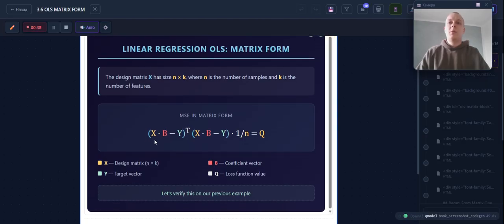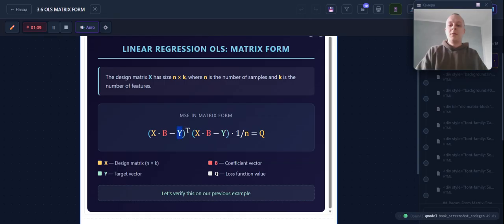And we can write our MSE quality functional in a matrix form. Basically, it will look like this: X again is our matrix, the coefficient vector like beta 1, second coefficient beta 2.